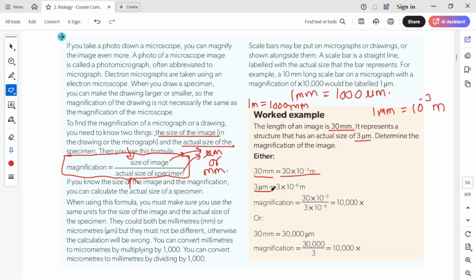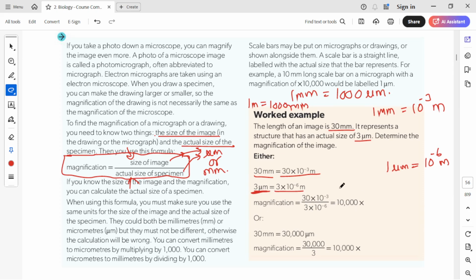And if you want to convert micrometers into meters, we have to divide by 1000 even more. If you want to convert 1 meter into micrometers, it will be 1000 into 1000. But if you want to convert micrometers into meters, then it will be 10 to the power minus 6. So similarly, if you want to convert 3 micrometers into meters, basically 1 micrometer is equal to 10 to the power minus 6 meters. Remember that. Okay, so 3 micrometers has been converted into meters here. So now we can use this formula.